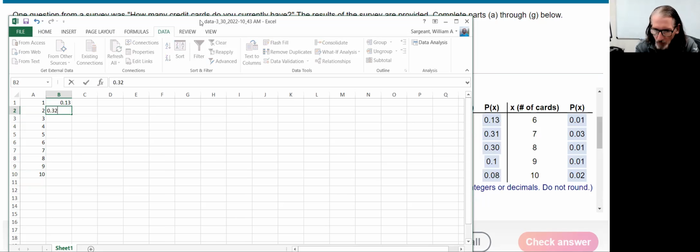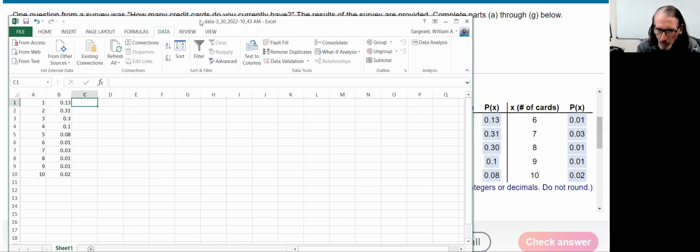0.13, 0.31, 0.30, 0.1, 0.08, 0.01, 0.03, 0.01, and again, a 0.02. So we do score times probability, so equals, and then net multiplication.